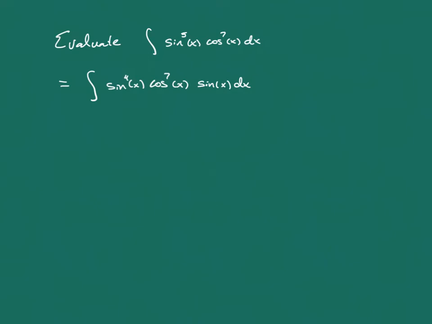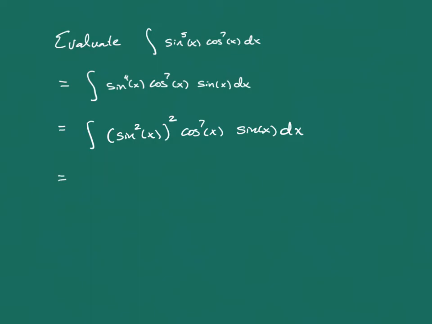Our next step would then be to convert our powers of sine into cosine. We can do that by saying that this will be sine squared, squared. So our sine to the fourth becomes sine squared, squared, cosine to the seventh times sine of x dx.